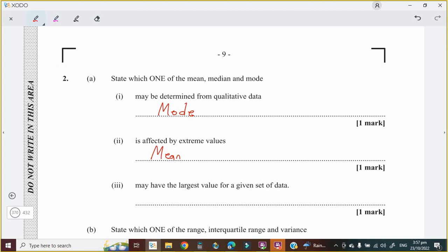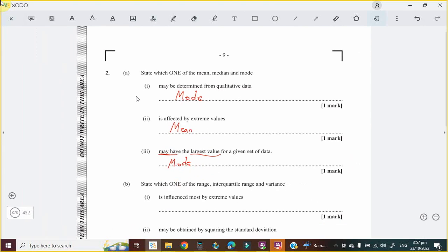May have the largest value for a given set of data. What does this mean? May have the largest value, can be the mode, may be the mode. That's the mode. Median is always in the middle. The example I shared was, let's use Israel here.